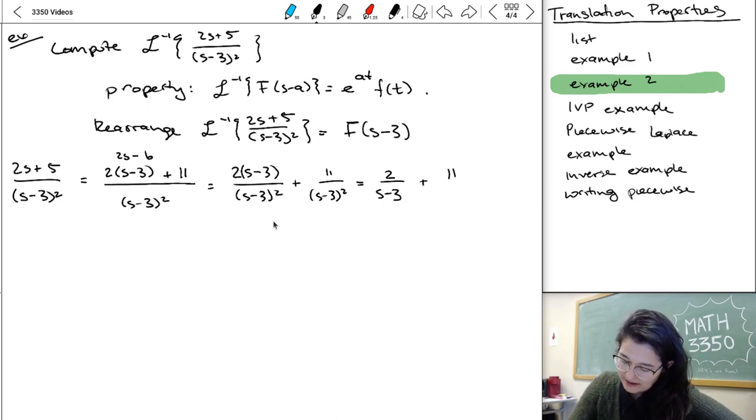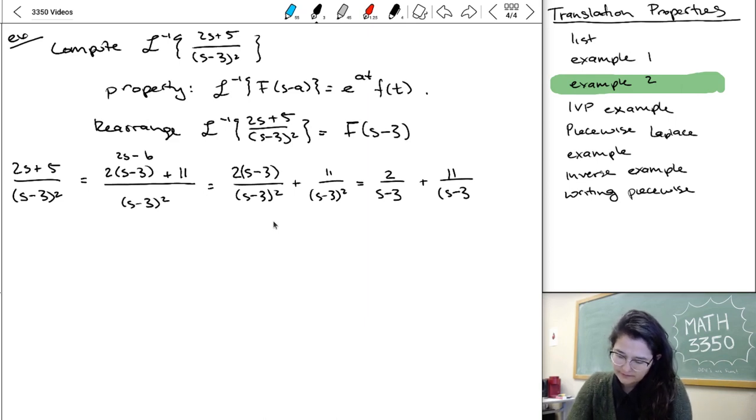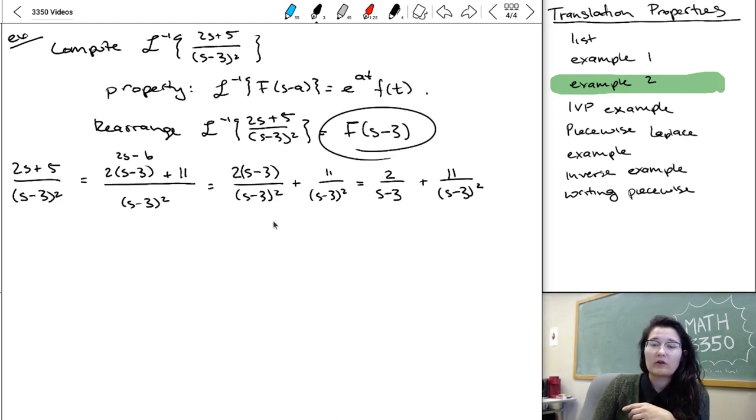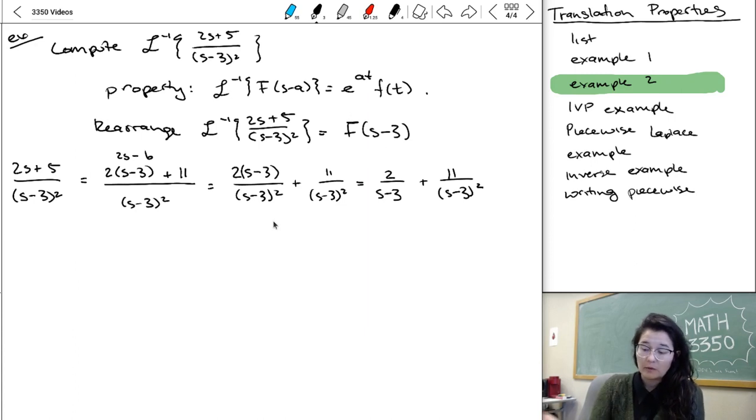And then the second one is going to stay the same. And now, everywhere that I see s, it's actually an s minus 3. So I've accomplished my goal of making it look like F, a function of s minus 3, which means I can go ahead and take my inverse now.